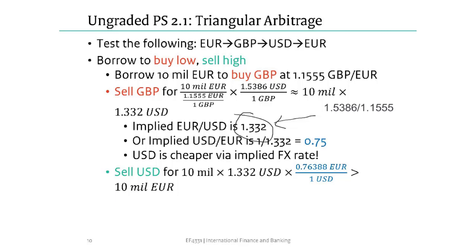If we compare 0.75 to the explicit quote, which is here, 0.76388, you can see that there is a price discrepancy for the price of US dollars in terms of euro. The direct quote is 0.76388, but our calculated implied quote gives us 0.75. Therefore, US dollars is cheaper if we take advantage of the implied quote. So it's a buy low, sell high strategy.